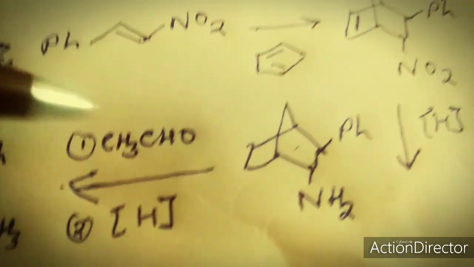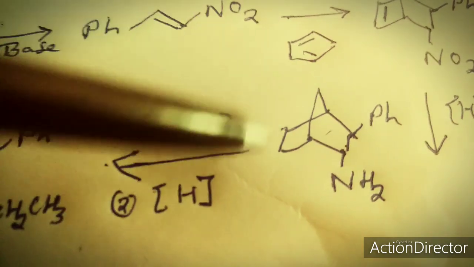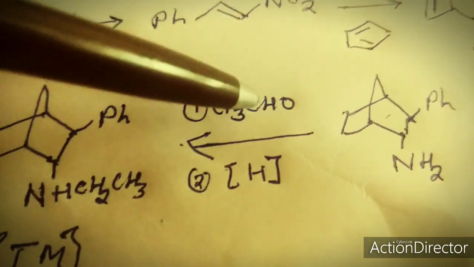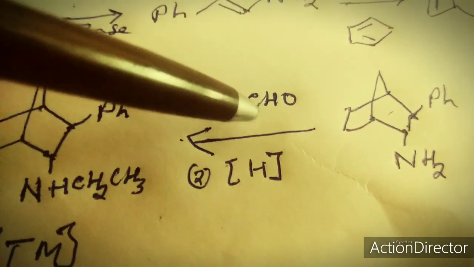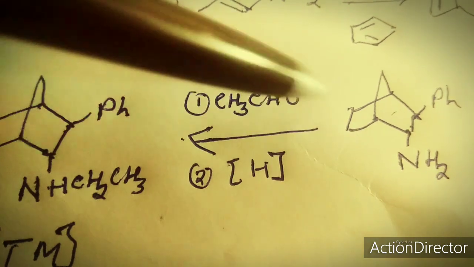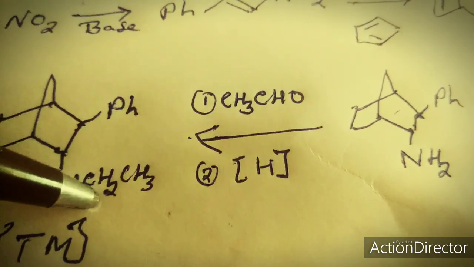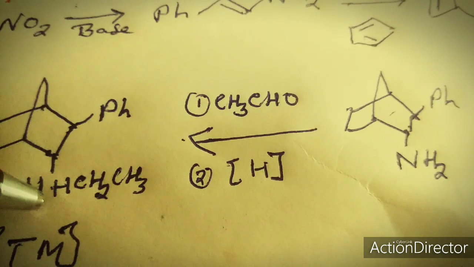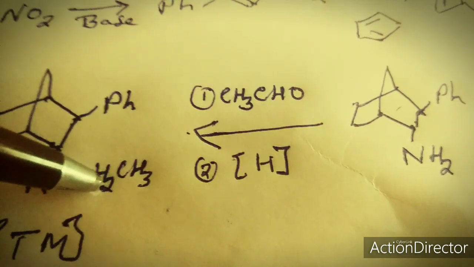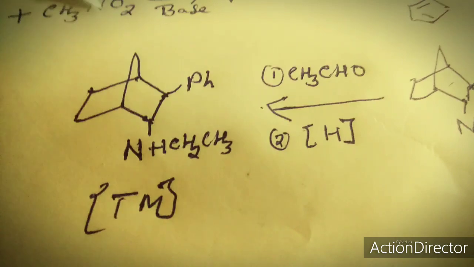This NH2 on condensation with CH3CHO, which we earlier removed, will give us first the imine, and this on reduction, rather than the imine, we will get this NH, CH2, CH3, our target molecule.